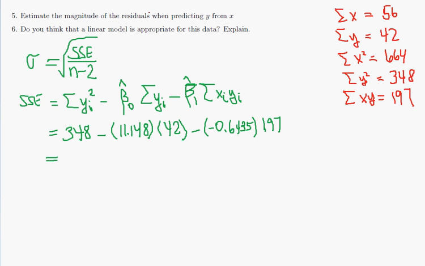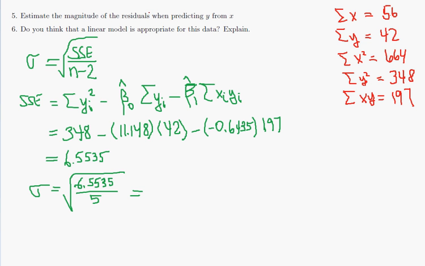And so doing the arithmetic, we get that this is 6.5535. And so sigma, the size of the residuals, will be approximately the square root of what we just found, 6.5535, all divided by n minus 2, which is 5 in our case because we had 7 data points.